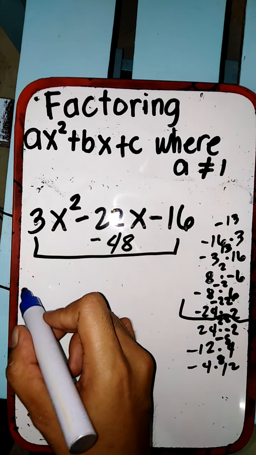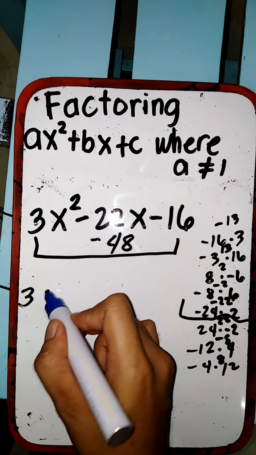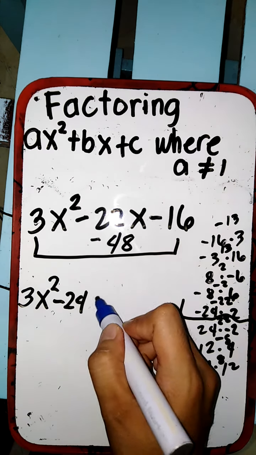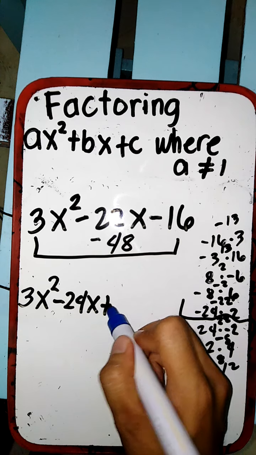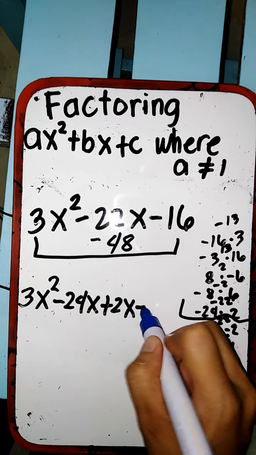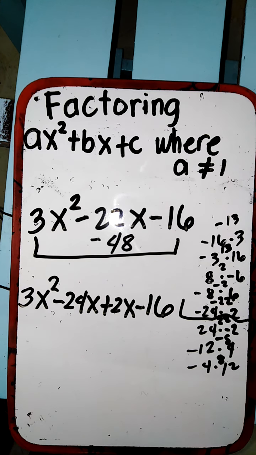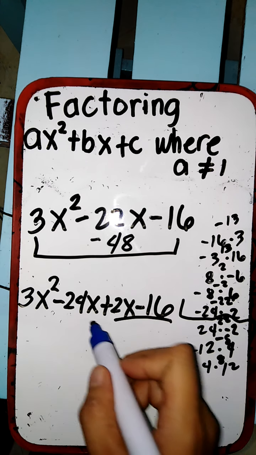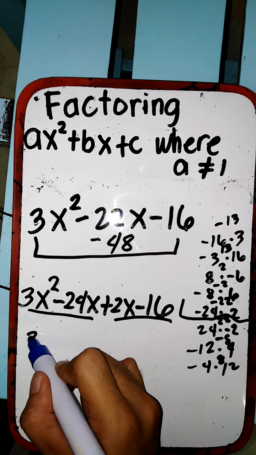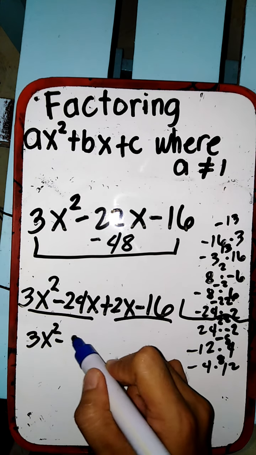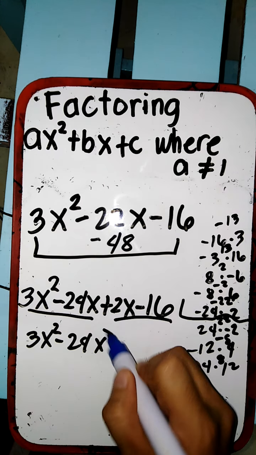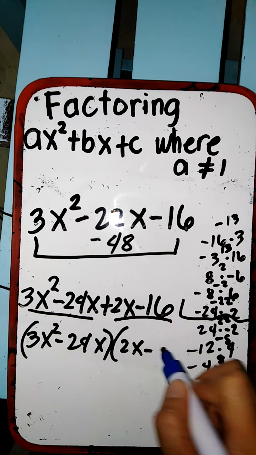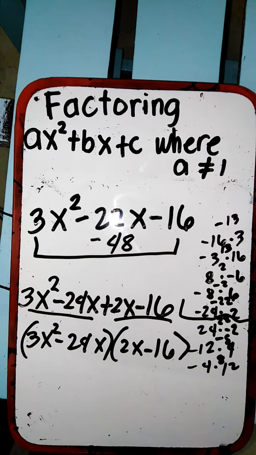Now our new expression is 3x squared minus 24x plus 2x minus 16. Okay. Then, we are going to group this. We have 3x squared minus 24x as our first group, and the second group is 2x minus 16.